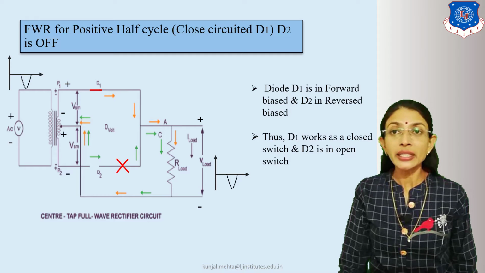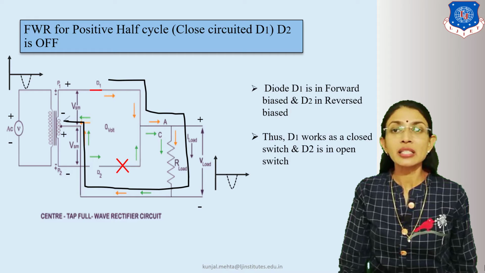But due to the center tapping and because the input terminal is P1, diode D1 is a closed switch and D2 will be an open switch. Thus, D1 acts as a short circuit and D2 acts as an open circuit. So the current will flow from P1, D1 through the load resistance towards the center tap of the transformer.